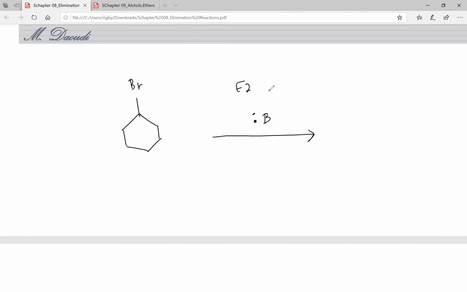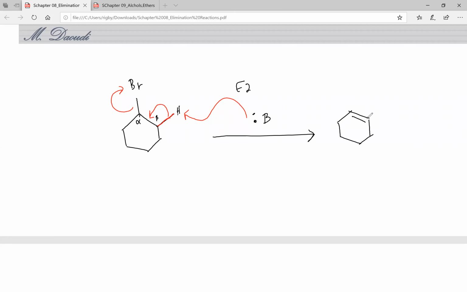In an E2 reaction, here's our alpha carbon, here's our beta carbon. The hydrogen on the beta carbon will be grabbed by the base at the same time as the leaving group leaves. Then this hydrogen-carbon bond moves to become the double bond between the alpha and beta carbons. This is the general mechanism for an E2 reaction.